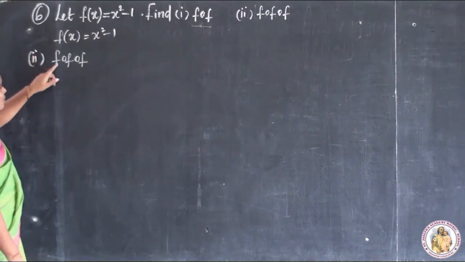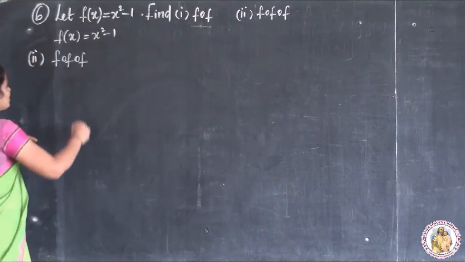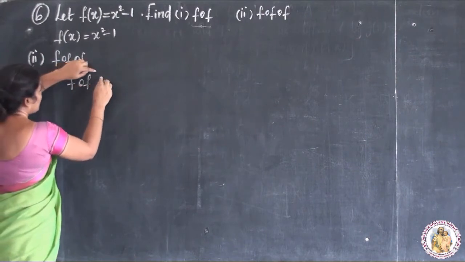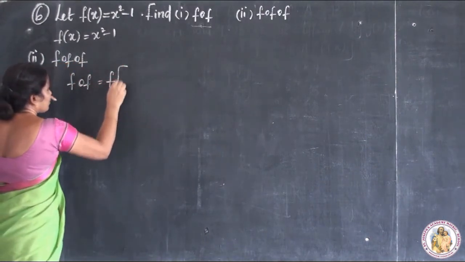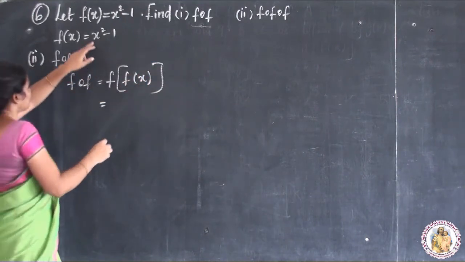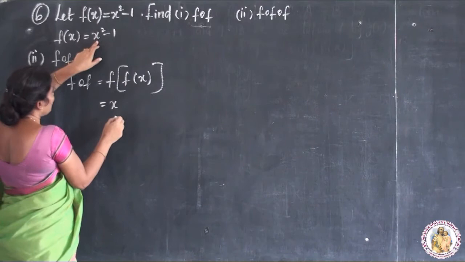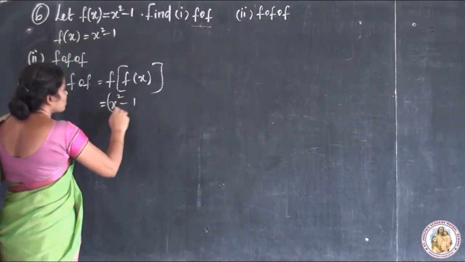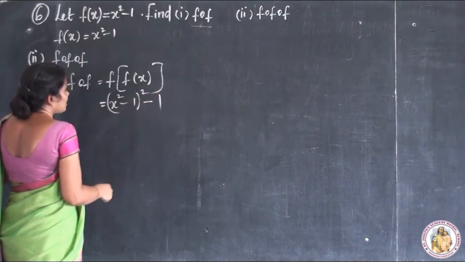Question number 2. f of f. So what is f of f? f of x is x square minus 1. In the place of x, you have to write x square minus 1, (x square minus 1) whole square minus 1.